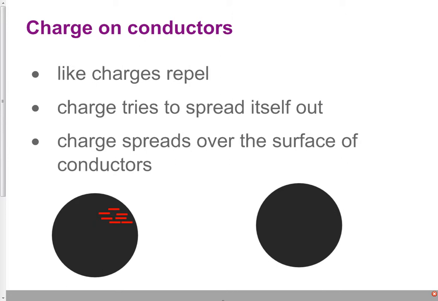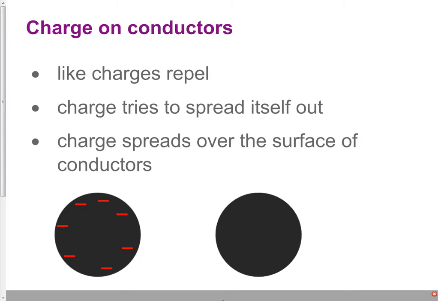Well, since it's a conductor, the electrons repel each other, and they repel each other until they're all as far away from each other as they can be, which is by spreading themselves out all across the surface of the sphere. And obviously I've just drawn this as a circle, but you've got to imagine this is a 3D object. They're spread all over the surface because they repel each other and they are able to move.